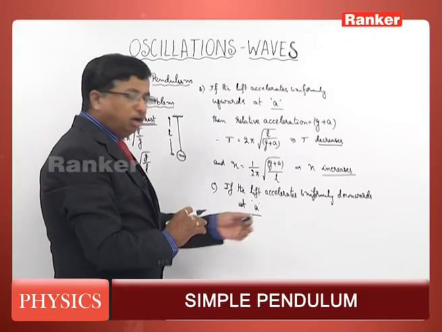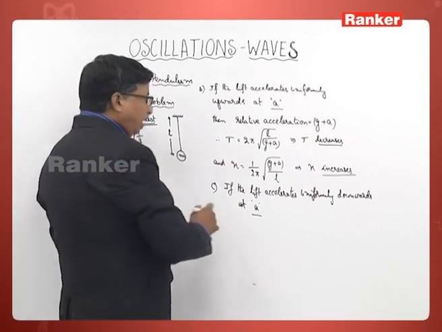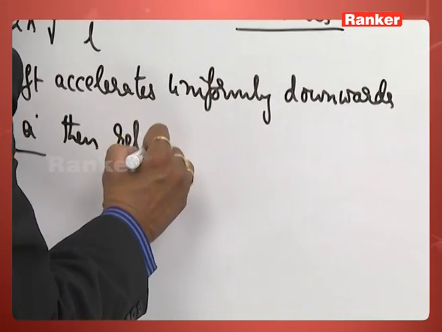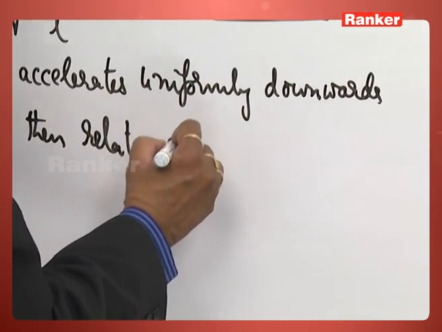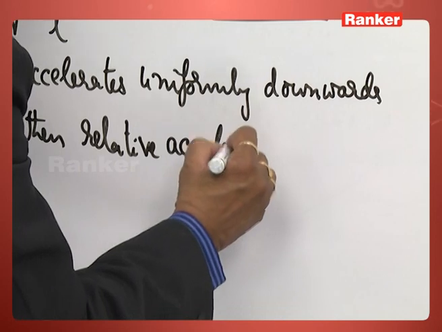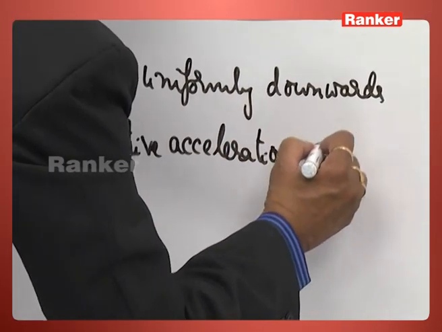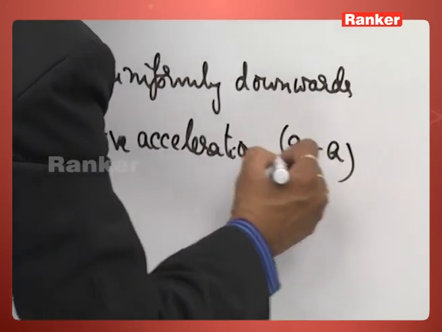It is accelerating downwards now. Then what happens to the relative value? Then the relative acceleration now becomes g minus a.